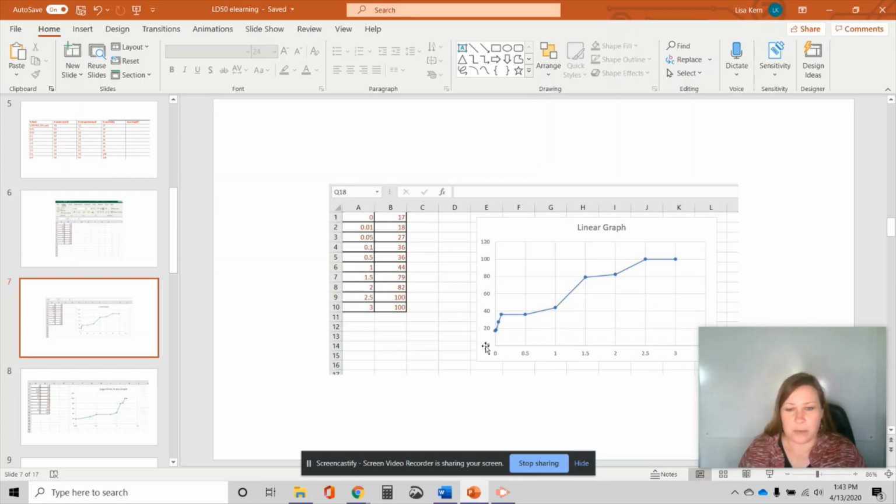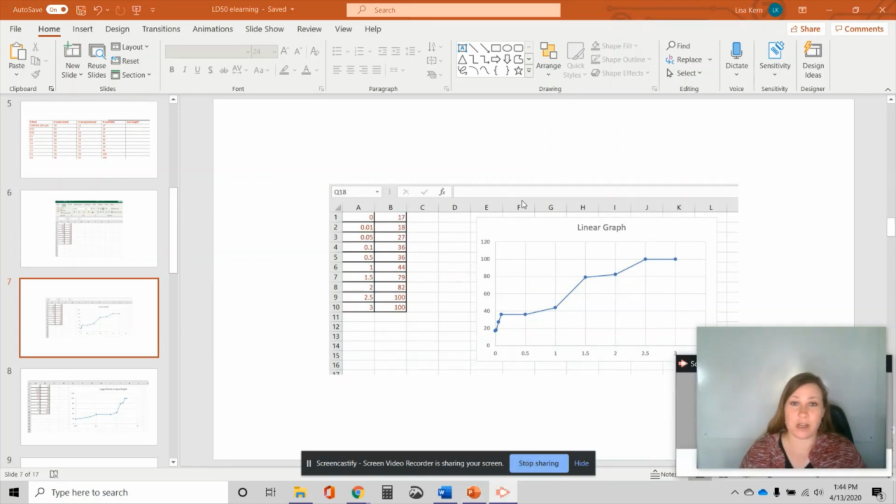So we have on the y-axis from 0 up to 100% is where it should stop. Excel doesn't realize that we're talking about percentages here. So obviously you couldn't have mortality of 120% of the seeds, but that's okay. And then we have even spacing along the x-axis, making this a linear graph. And I'm going to pause there for a second.